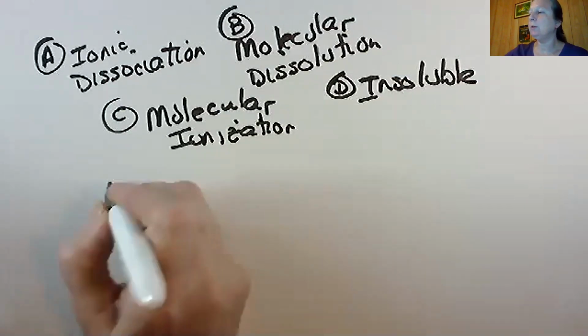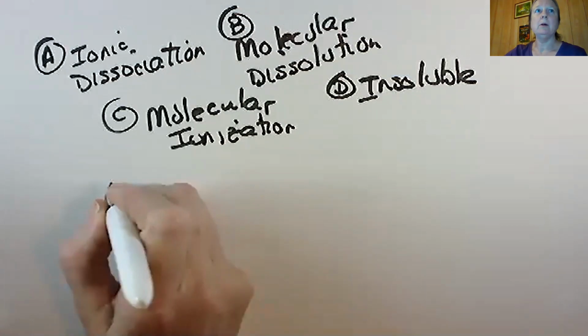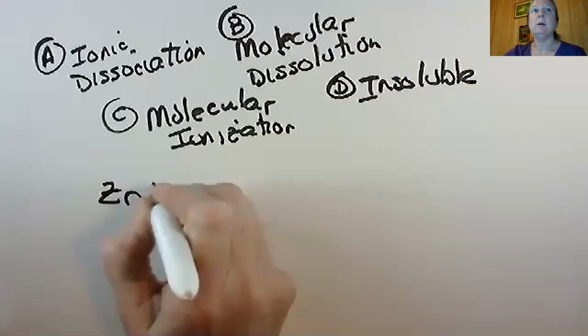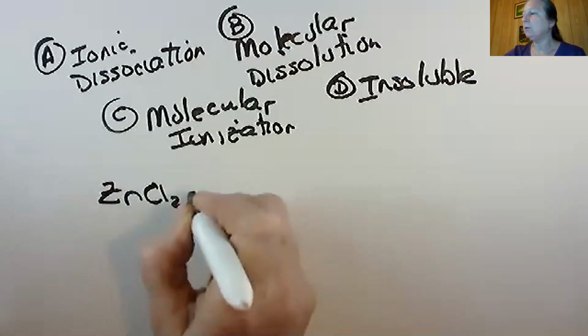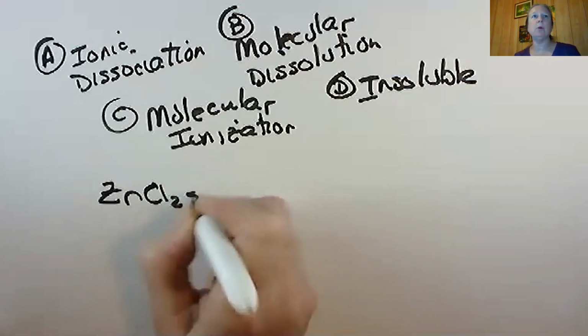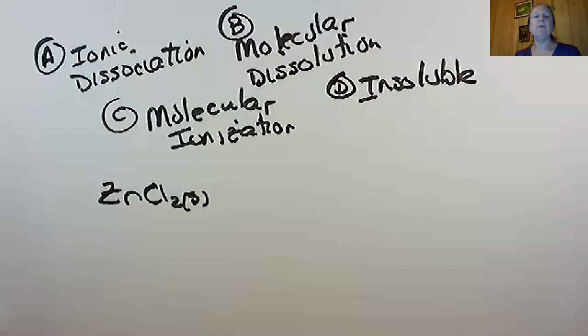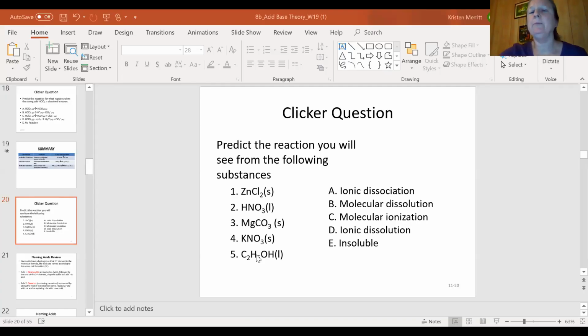So the first one was zinc chloride. I'm going to go back to the slide for a minute because we're going to work through the solubilities of each of these. So first, let's just look at the solubilities of these, where appropriate. Is zinc chloride soluble?